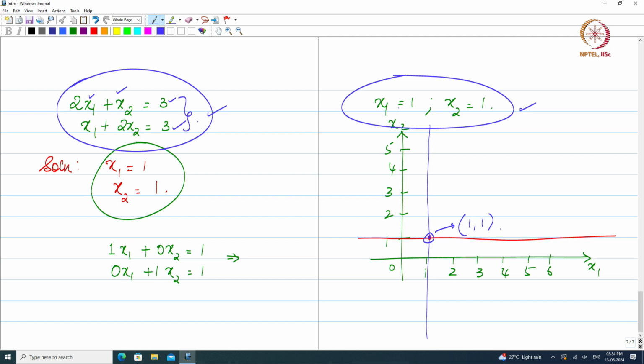Whereas if you look at this other pair of equations, x1 is equal to 1, x2 is equal to 1, it is pretty interesting that there is only one variable in the first equation from which I can directly get the value of the variable, and the second variable is in the second equation, x2 is equal to 1, and directly I get the value of x2. I do not have equations which involve both variables here.